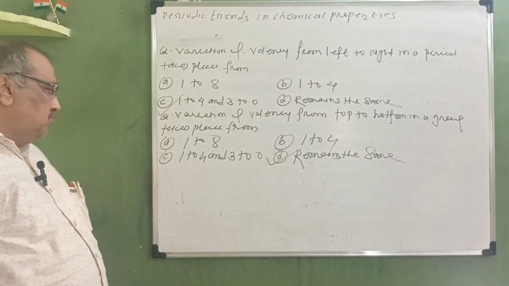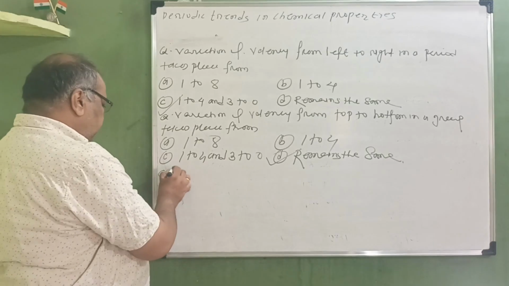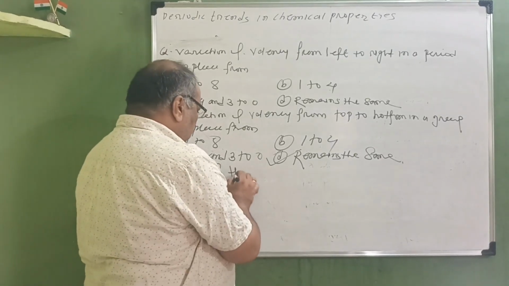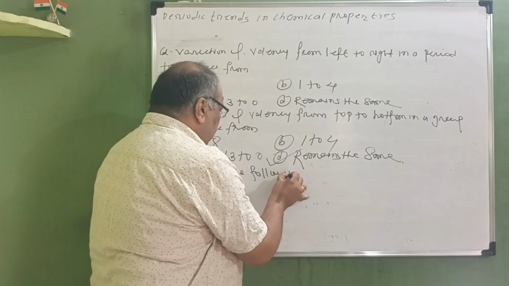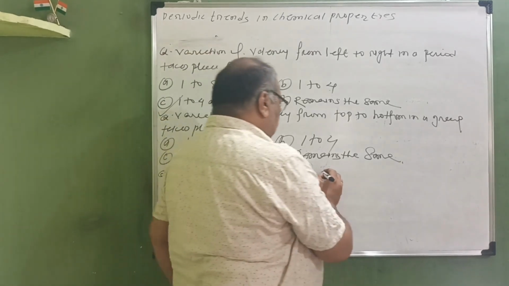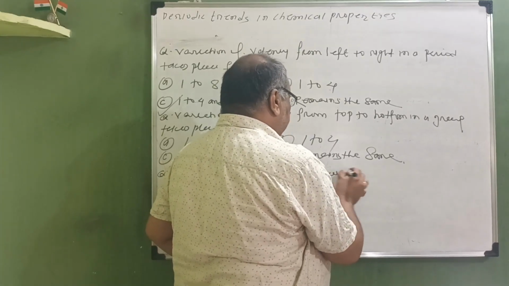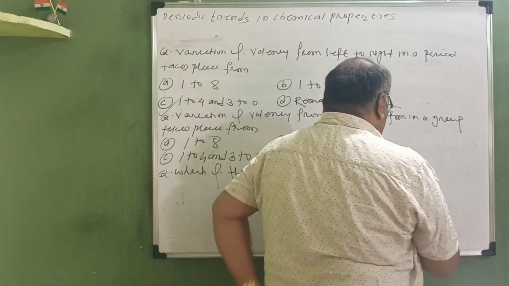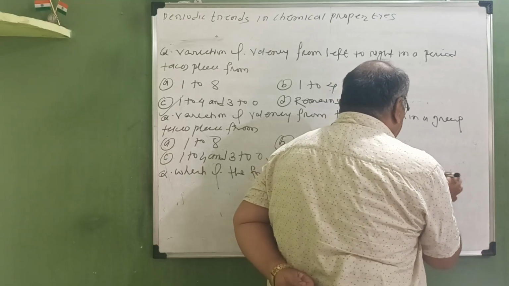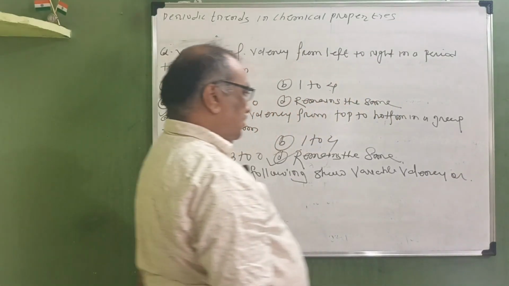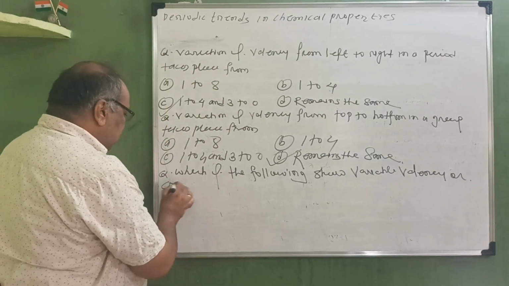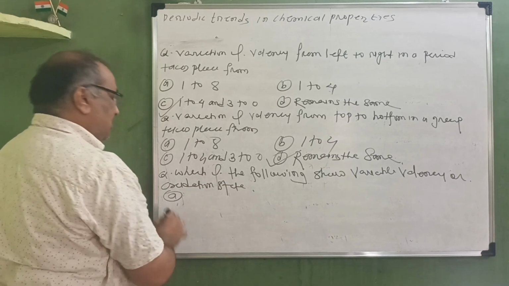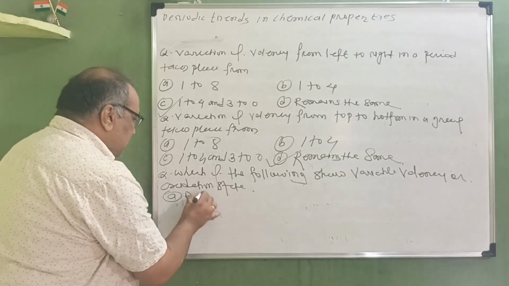Which of the following show variable valency or oxidation states? Here write down number A, representative element.